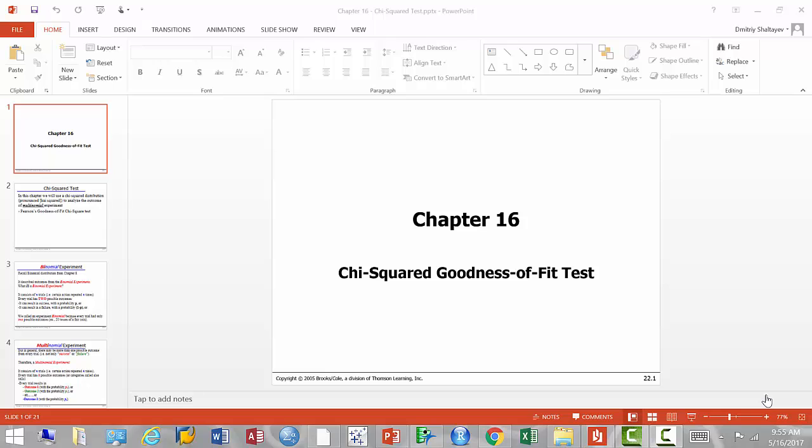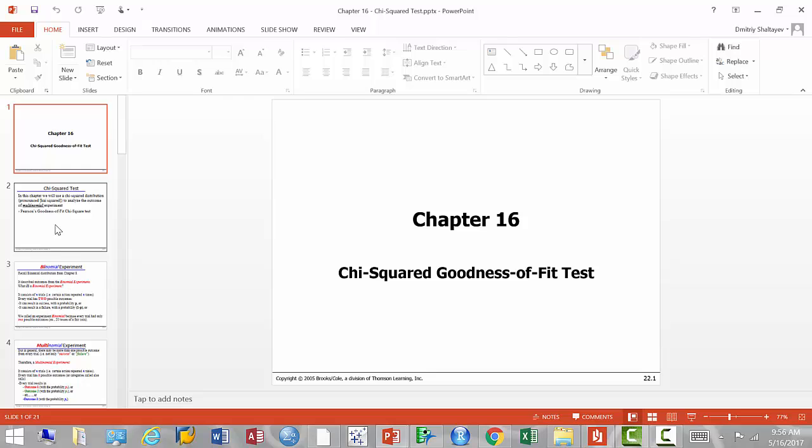So for all the tests and equations that we're going to study in the rest of this course, we have to use the software because otherwise it becomes a computationally very intensive problem, and cannot be done easily. So, goodness of fit test for the chi-square distribution.